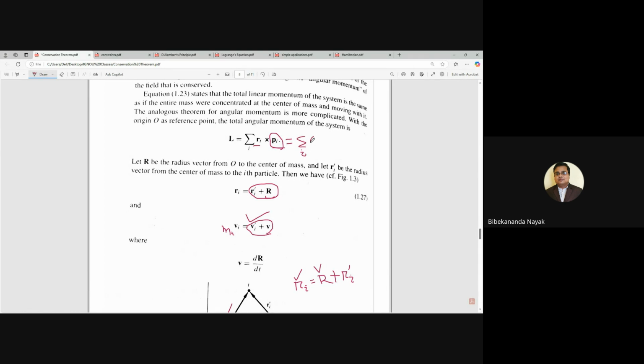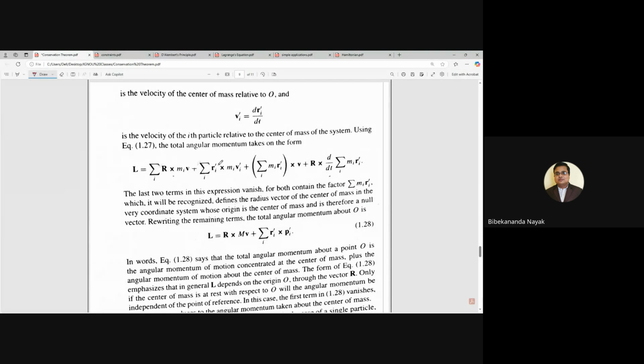In place of Ri, we write Ri prime plus capital R, all vectors, cross Pi, which is mi times Vi prime plus V. Now if I simplify, we have four terms, taking mi outside: Ri prime cross Vi prime, plus Ri prime cross V, plus R cross Vi prime, plus R cross V. Okay, we have four terms.